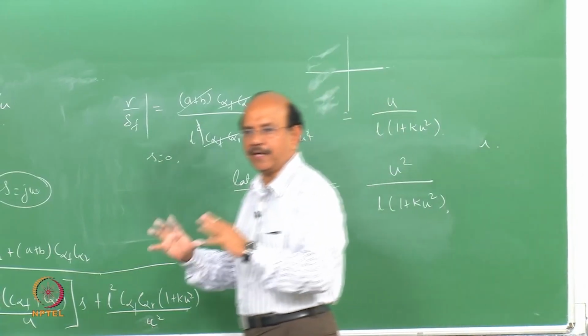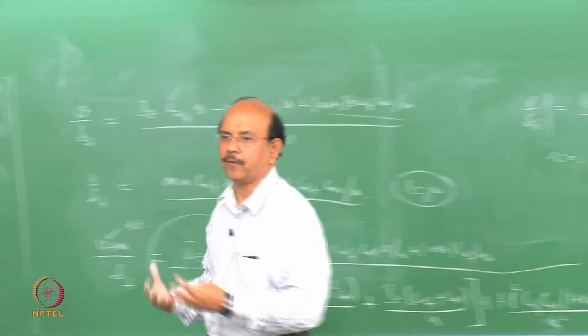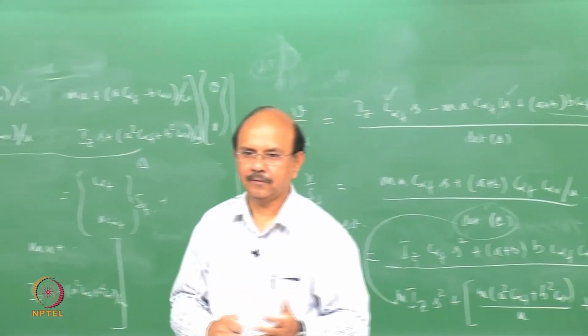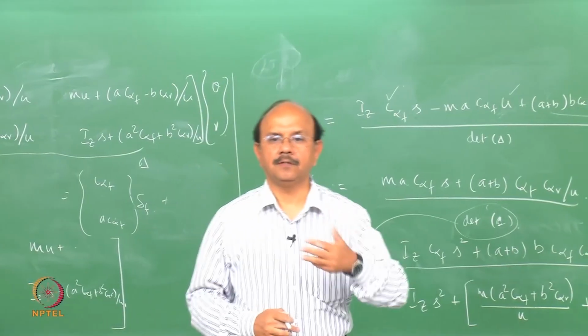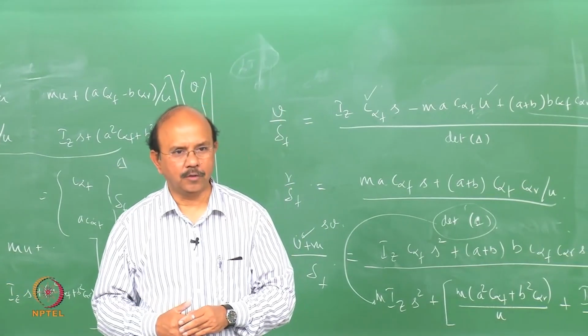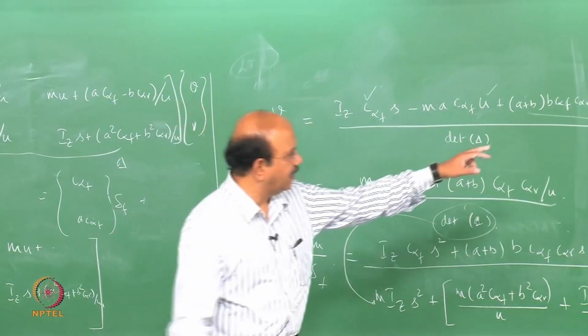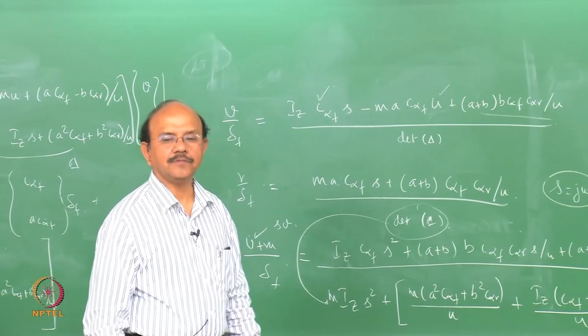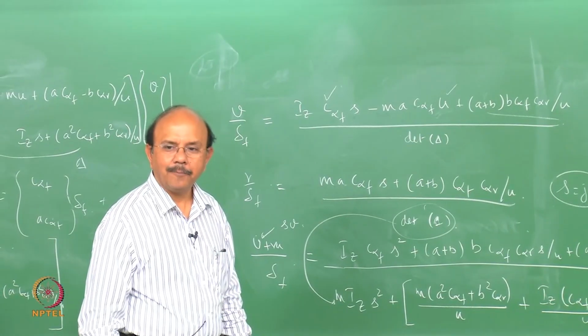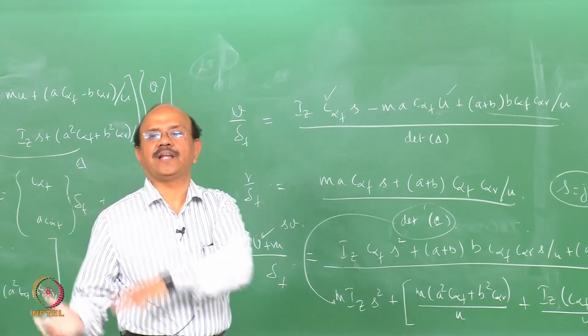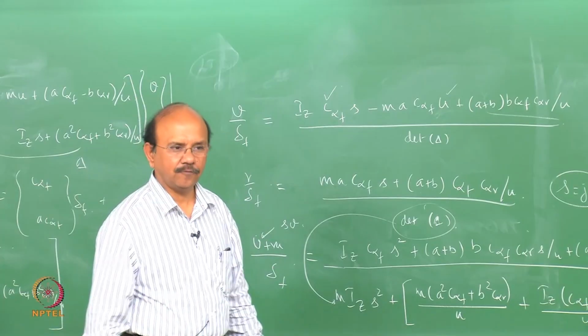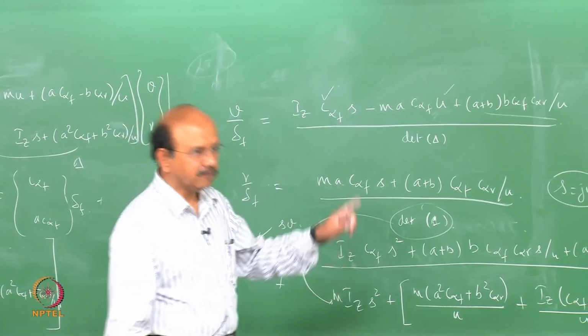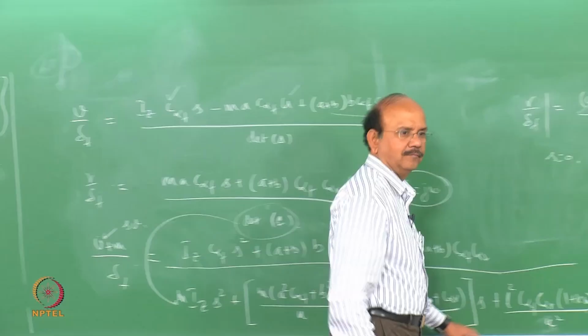To summarize, the response of the system is determined by the position of the poles and that of the zeros. What happens if this zero falls on the right hand side of the plane? We will see that now.